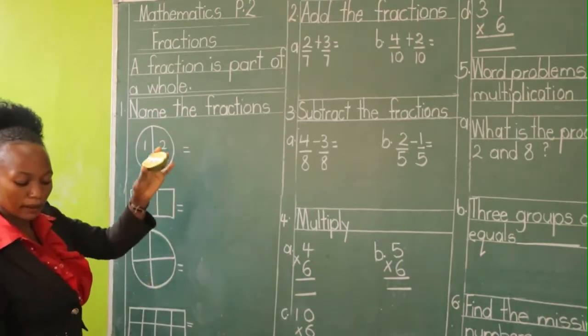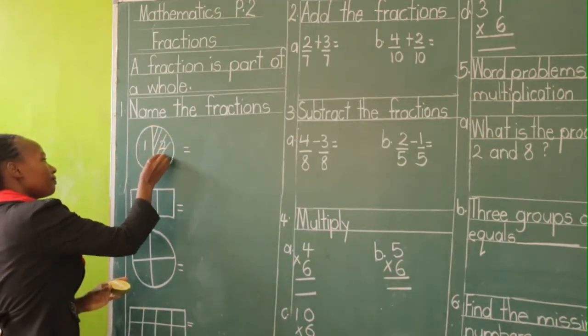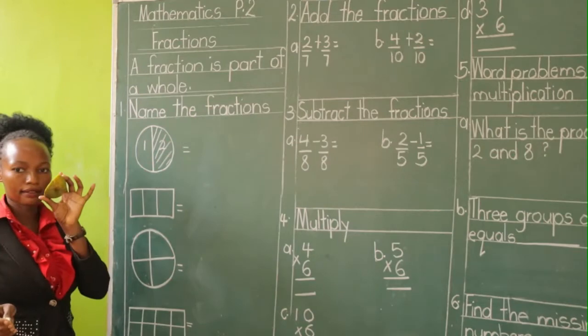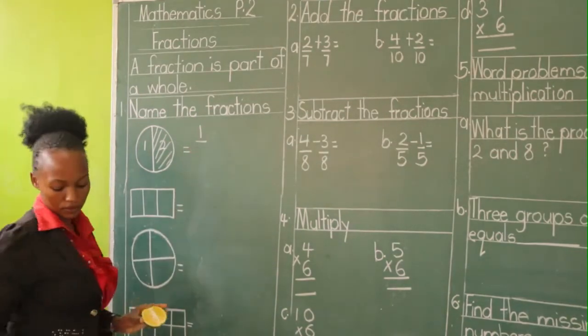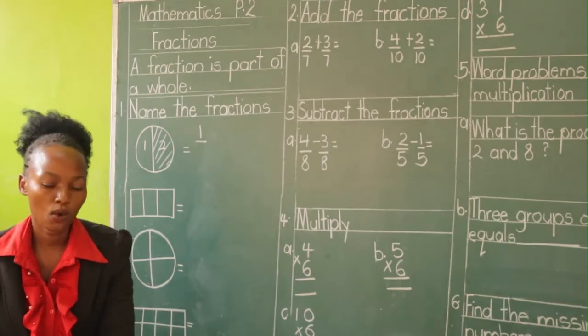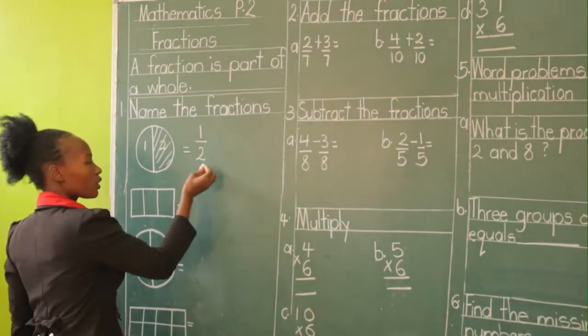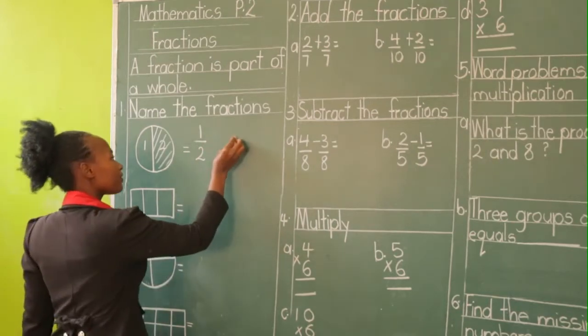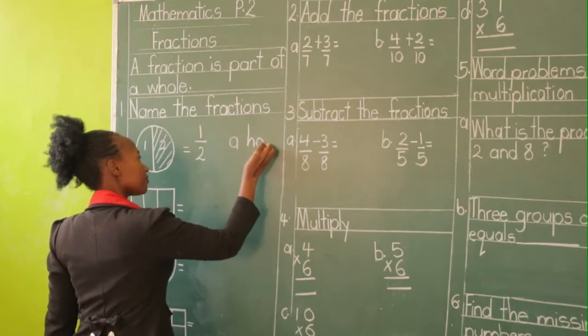If I hold one part like this, let me shade it. One part. This is one out of these two parts, and we call it a half.